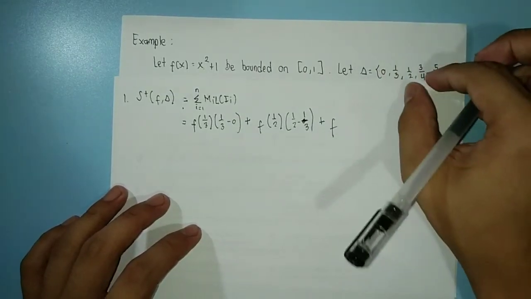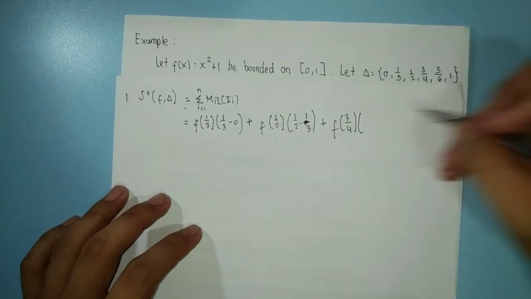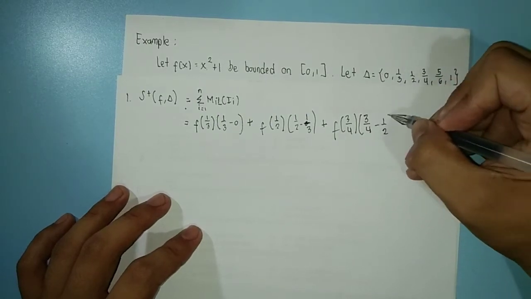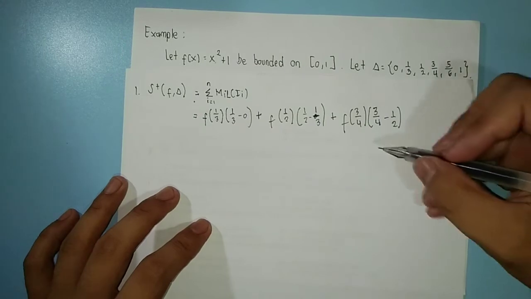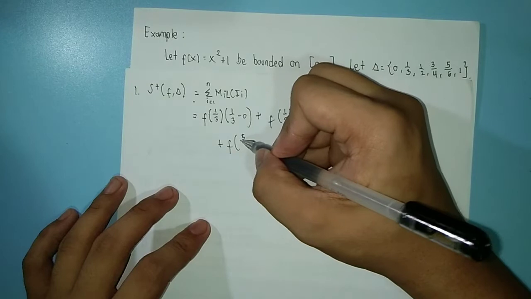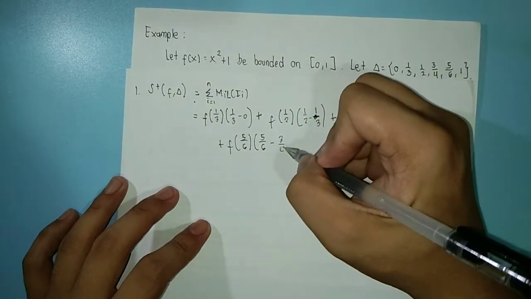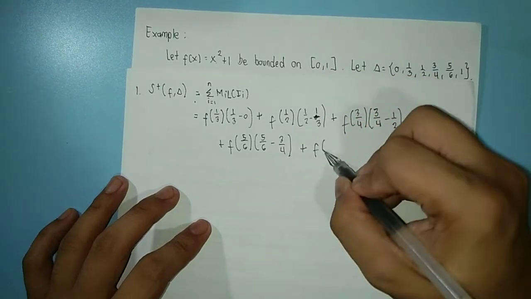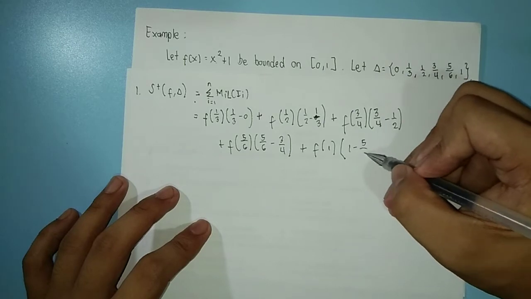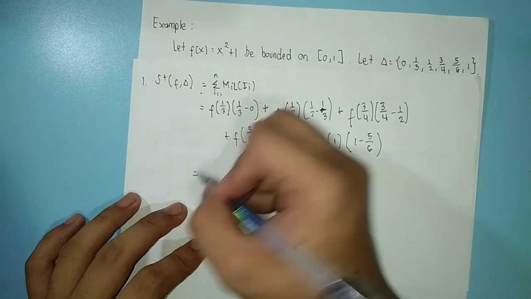Plus, f of 3/4 times 3/4 minus 1/2, plus, so dito ko na ilalagay, f of 5 over 6, then 5 over 6 minus 3/4, plus f of 1 times 1 minus 5 over 6. Yan length. Okay?